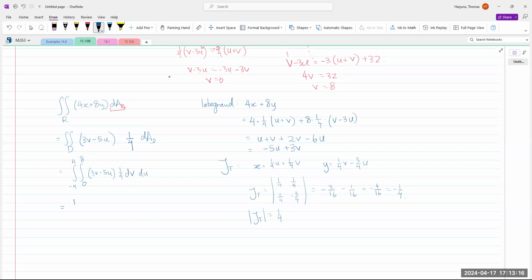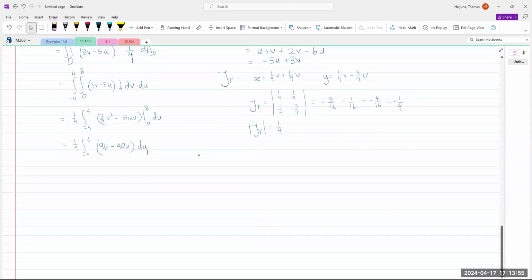Okay, so that's 1/4 integral -4 to 4 of 3/2 v squared minus 5uv from 0 to 8 du. So that's 64 divided by 2 times 3, which is 96, minus 40u du.